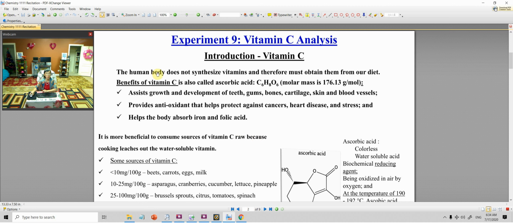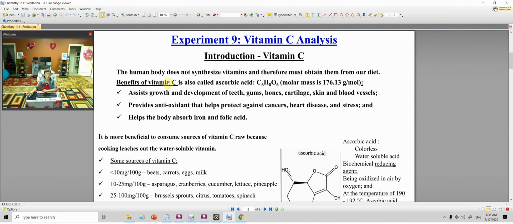The human body does not synthesize vitamin C. Therefore, we must obtain vitamin C from our daily life, from our diet. The benefit of vitamin C also results from something called ascorbic acid.